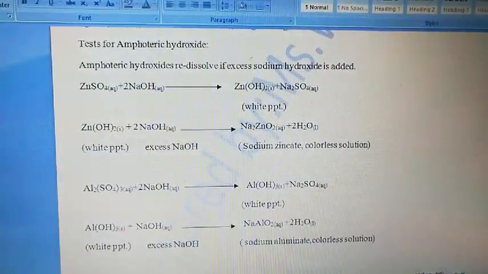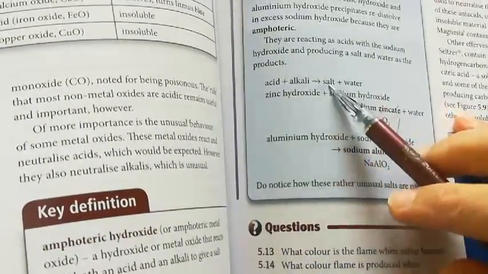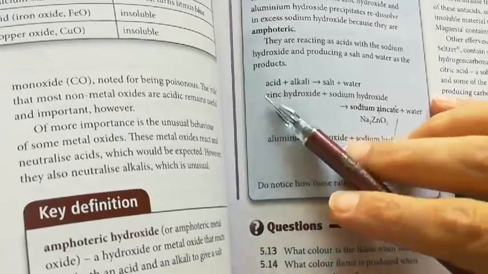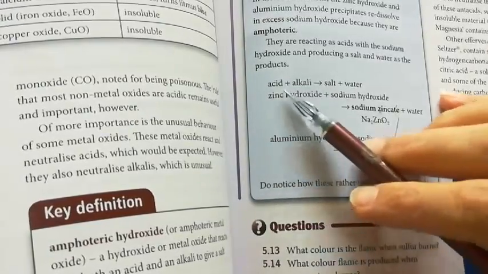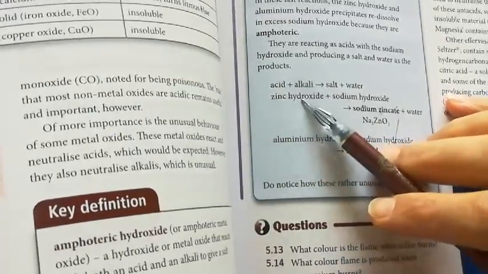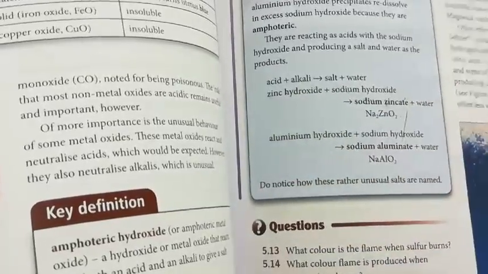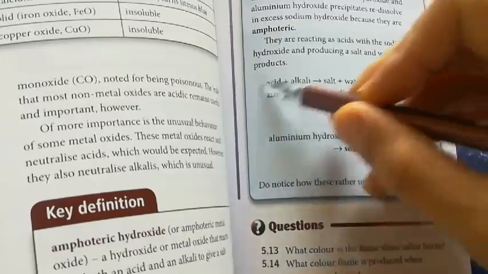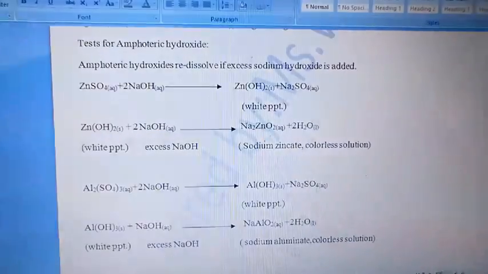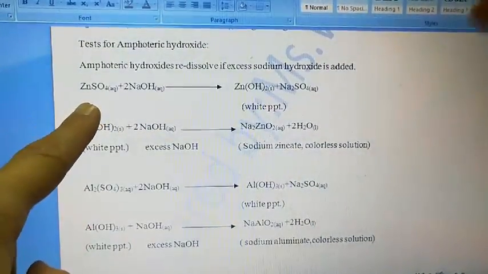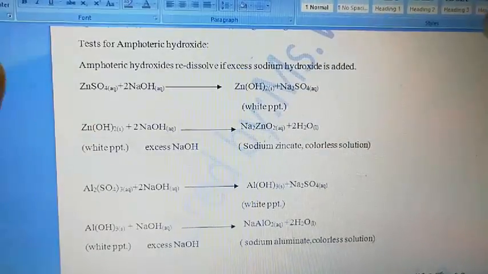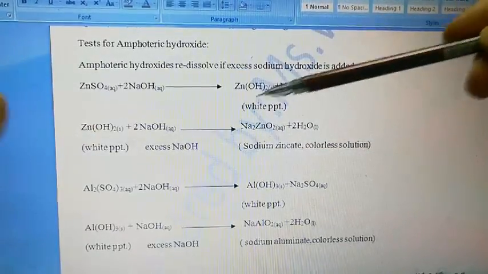I mean, that equation told you that I have zinc hydroxide, but from where can I get the zinc hydroxide? There we started from zinc hydroxide with sodium hydroxide without telling you where I can get zinc hydroxide. In this equation, we are explaining the process of preparing zinc hydroxide.